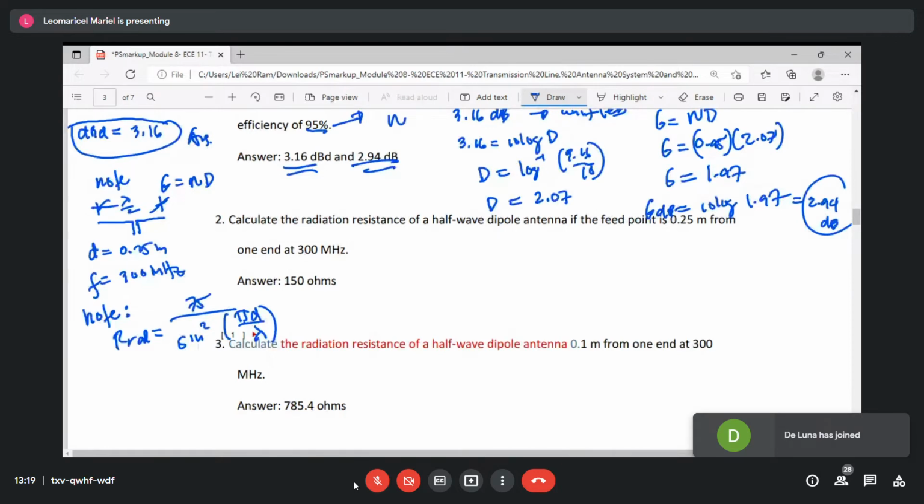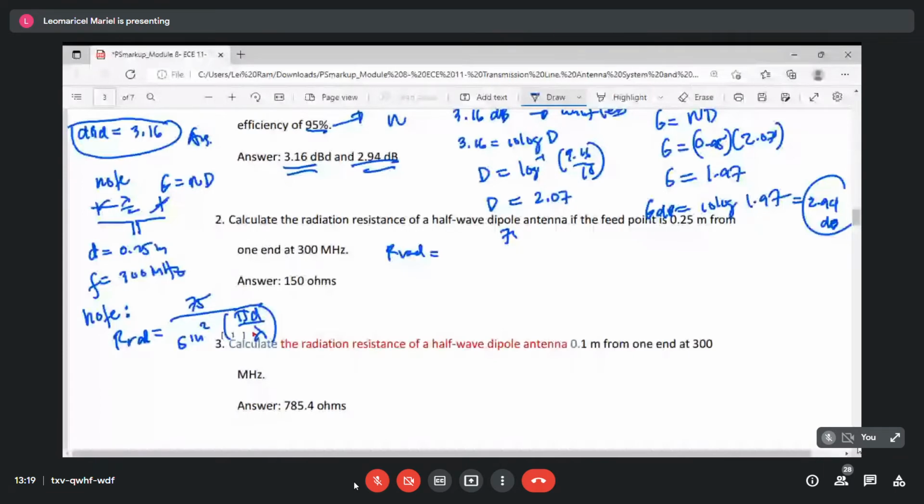Remember this formula, because I did not give it last time. The 75 is constant for a dipole, so R rad equals 75 ohms all over sine squared of pi times 0.25 all over lambda.